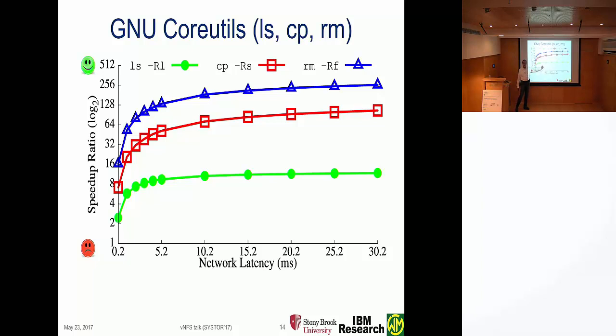So this is basically state to state, at least for us from New York. And you see that you get anywhere from 2 to 200-plus improvement in overall performance, especially when you go up to latencies that high.